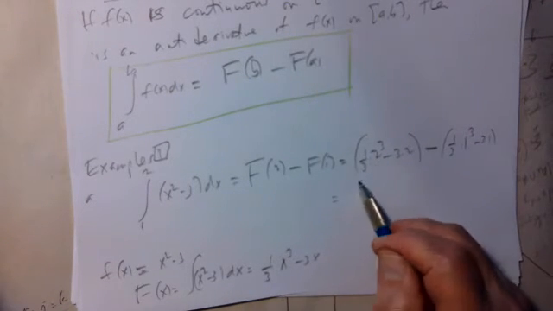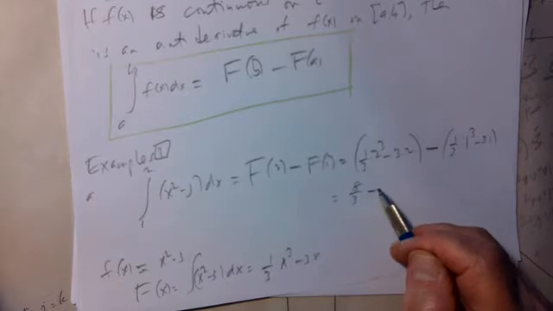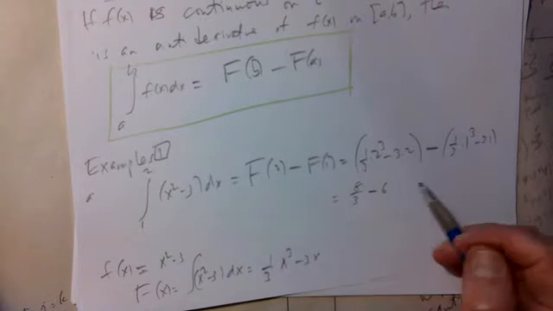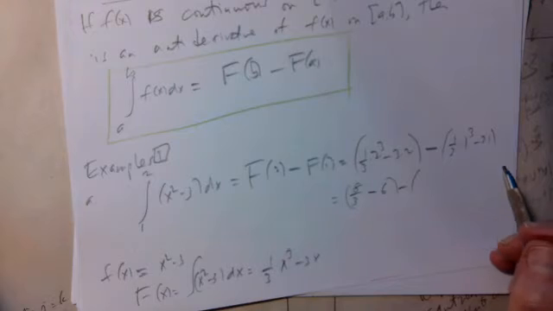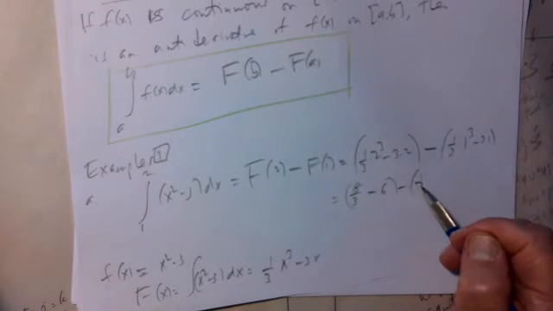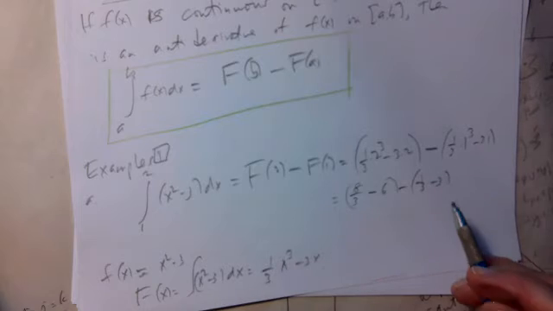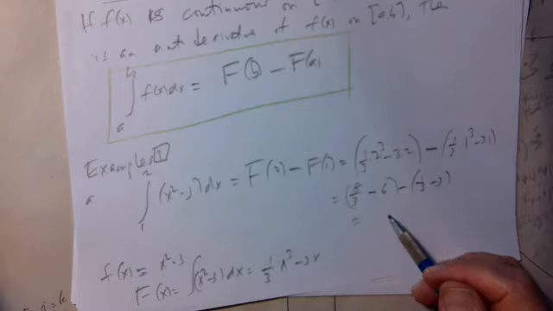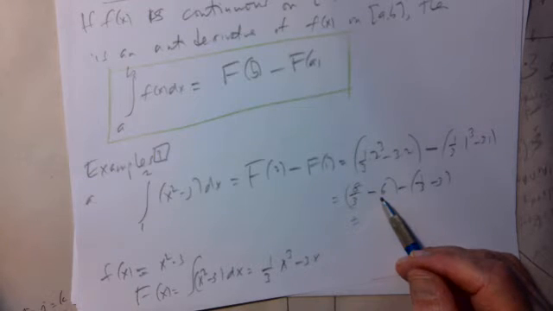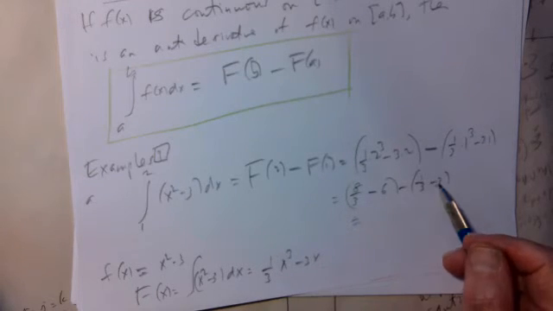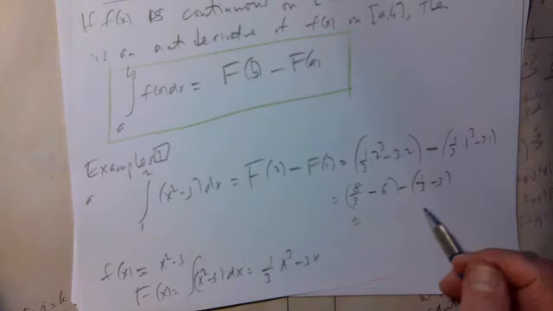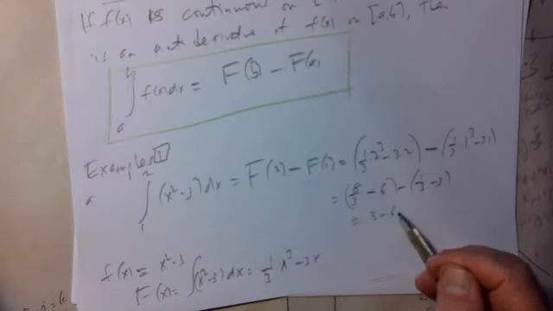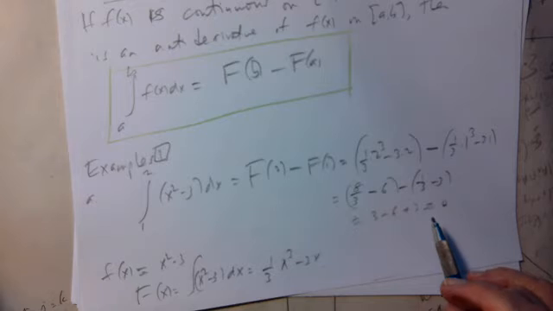This is 8/3 minus 6, minus (1/3 minus 3).